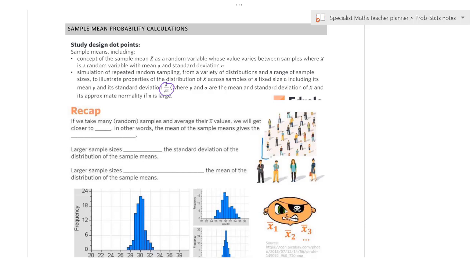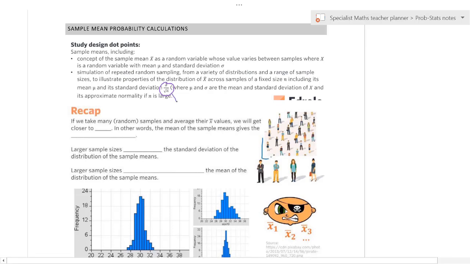So a sample mean is a random variable, still with its own population mean and standard deviation. We can simulate repeated sampling, as I've shown you, to illustrate the properties, including its mean and its standard deviation.